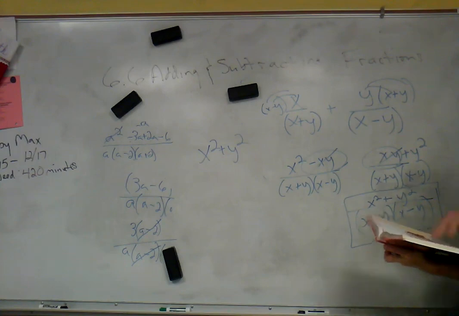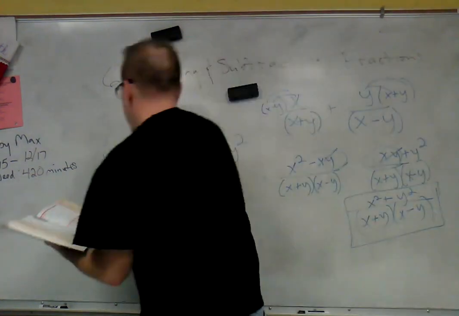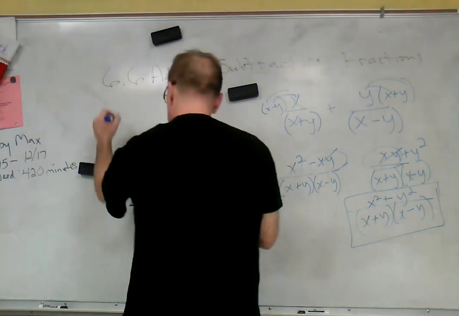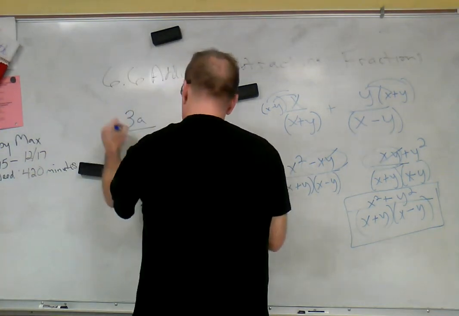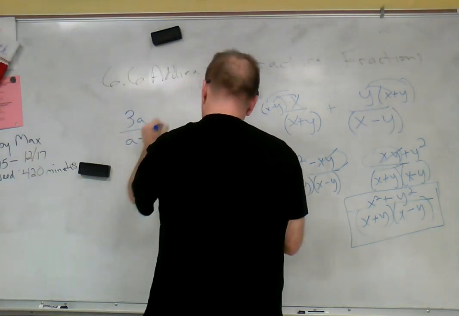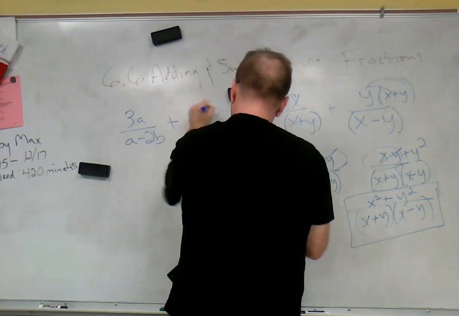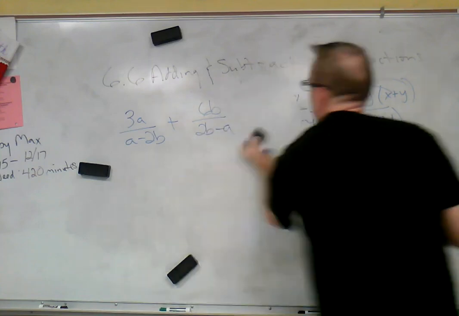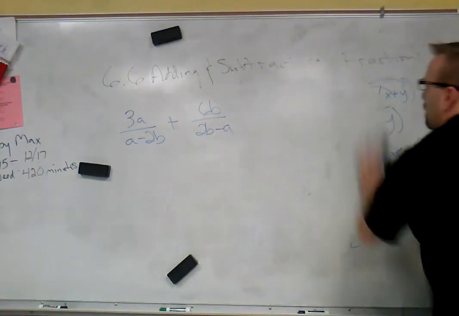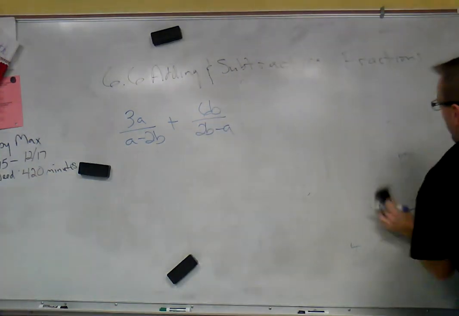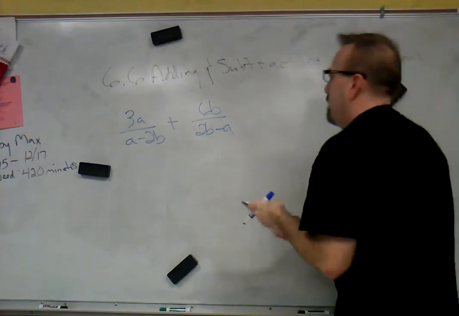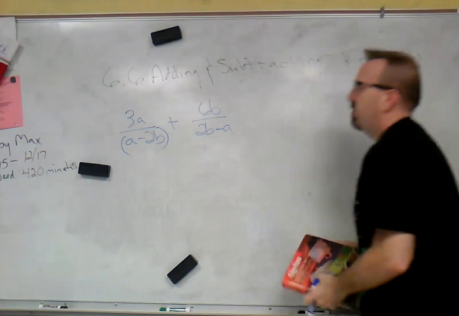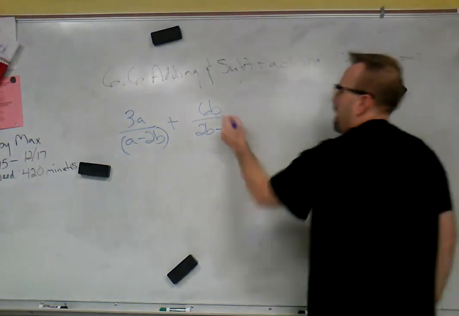Let's see this. So we have on this one 3a over a minus 2b plus 6b over 2b minus a.